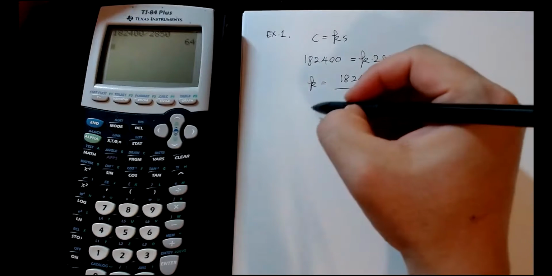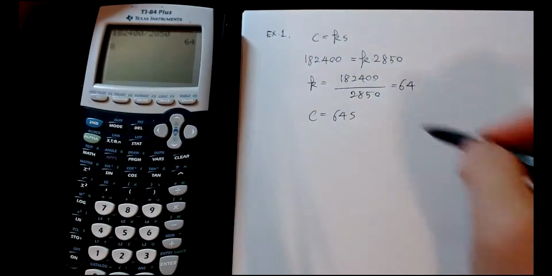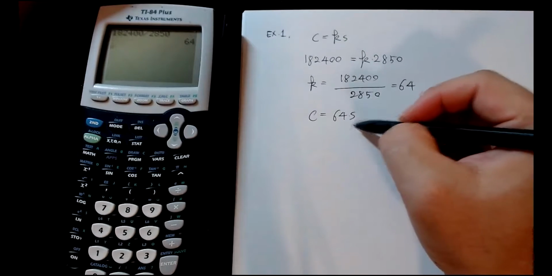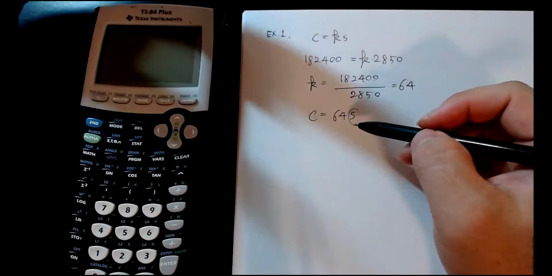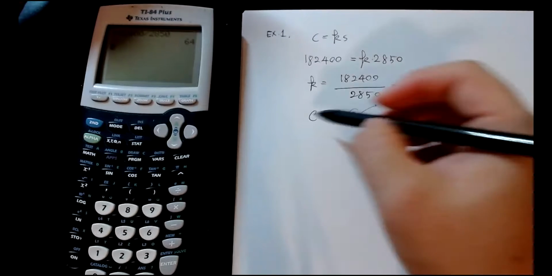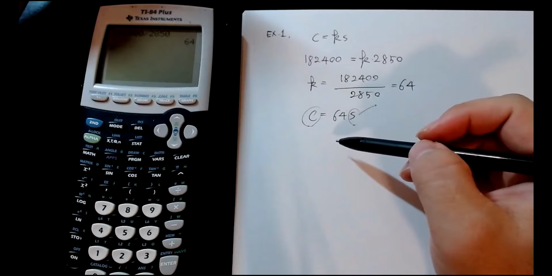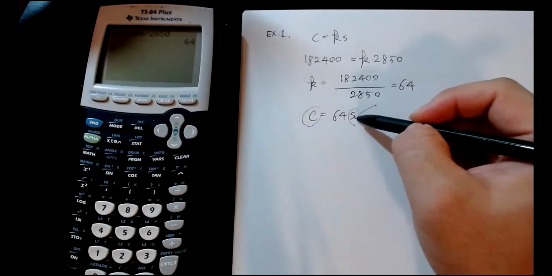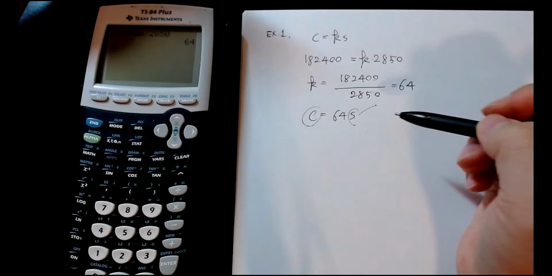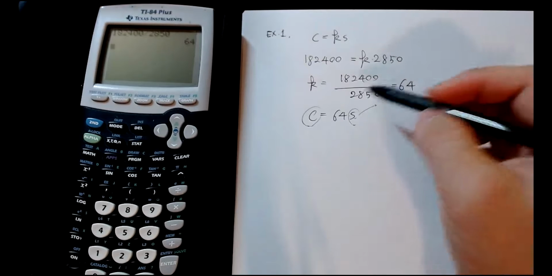Right, so now we got C is equal to 64 times S. What does that mean? It means that as S increases, that is, as the size of the house increases, then C, the cost, increases by a multiple of 64 times S. Okay, so that's the meaning of this.